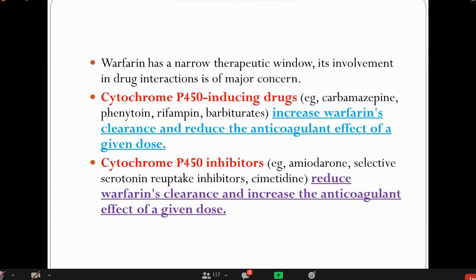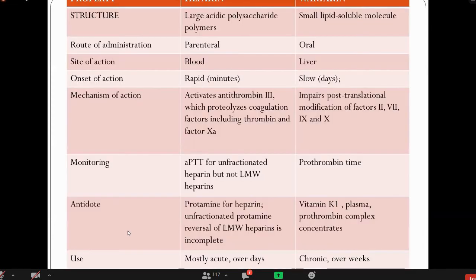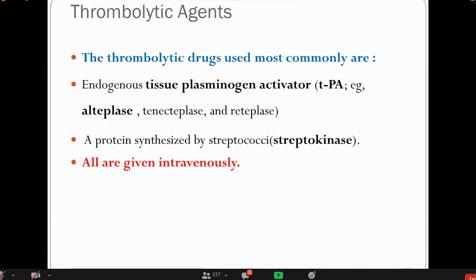So any drug that inhibits P450 enzymes slows metabolism, so ultimately the level of warfarin will rise and increase the anticoagulant effect of a given dose. So this is the difference between heparin and warfarin, which we have discussed in much detail. So I'm skipping the slide because we have to finish this lecture. It's a very extensive lecture.